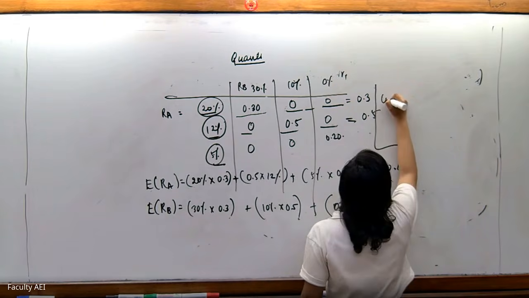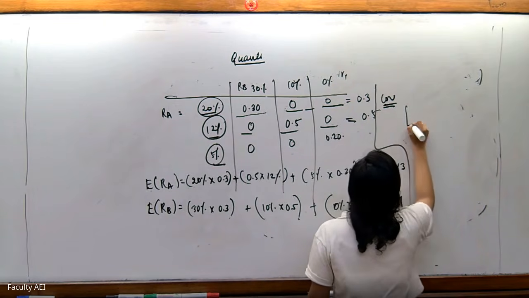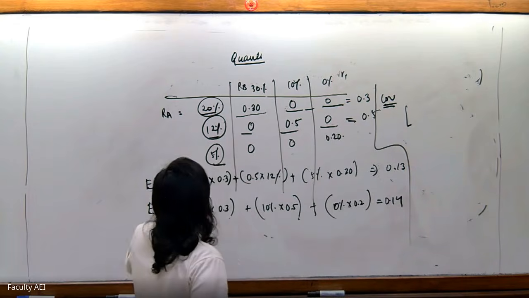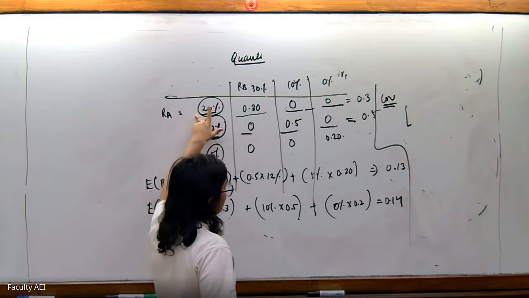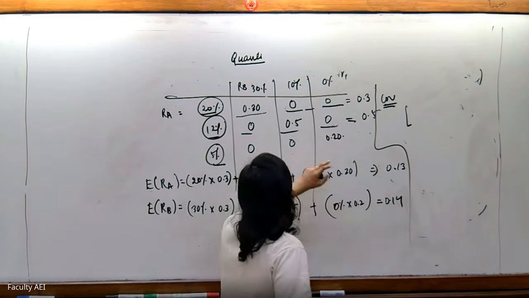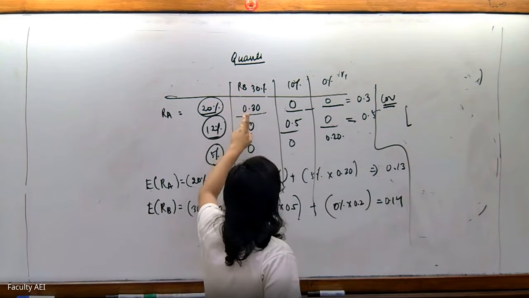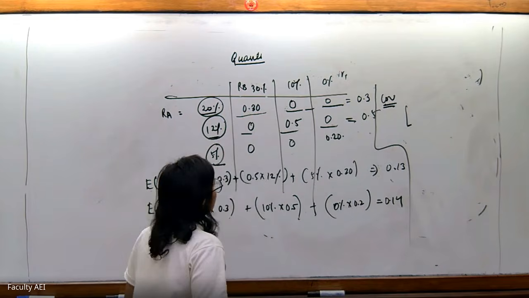So the covariance would be the return of asset A minus the expected return, into the return of asset B minus the expected return, into the probability.